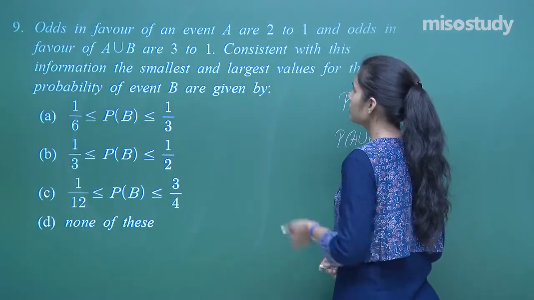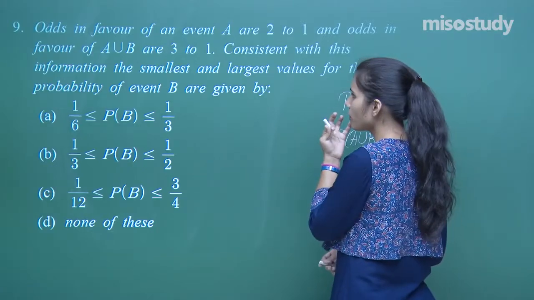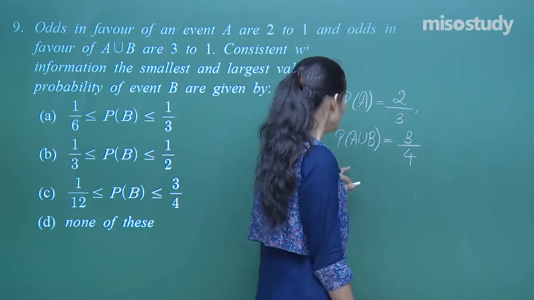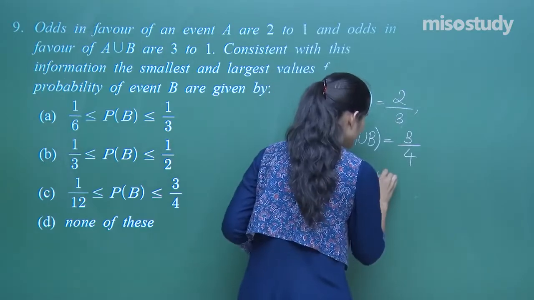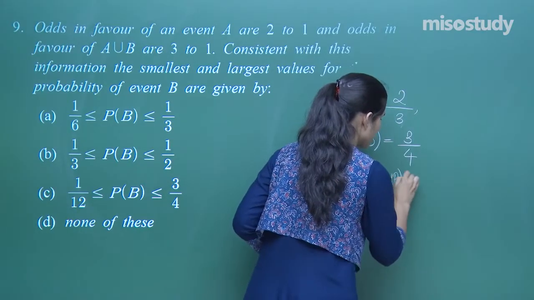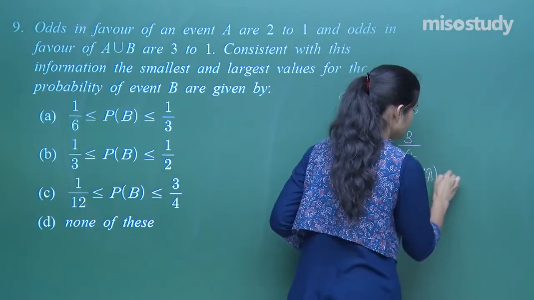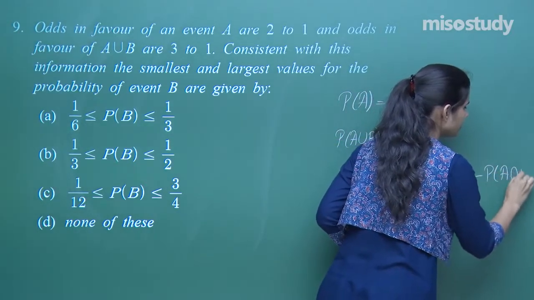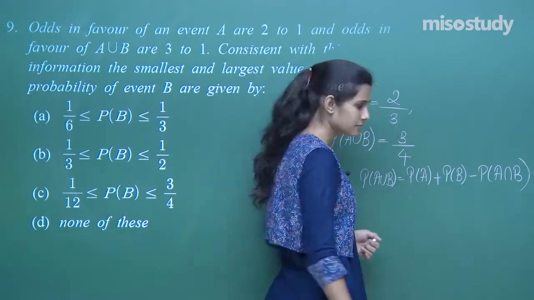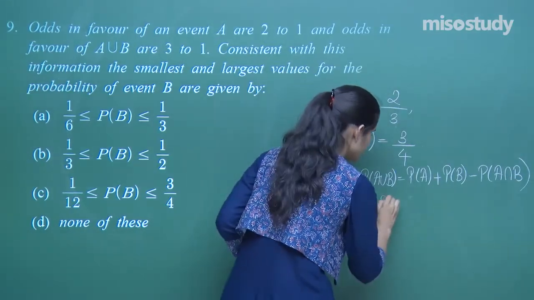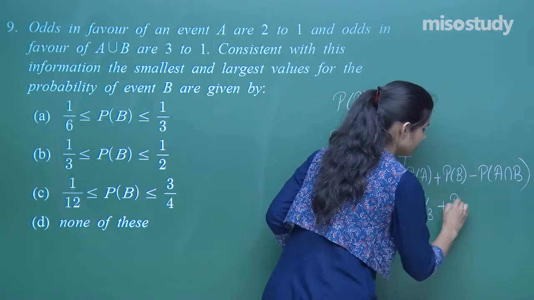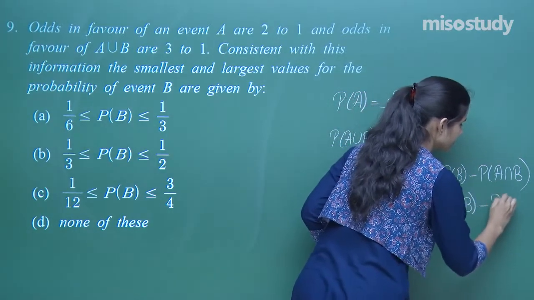Consistent with this information, the smallest and largest values for which the probability of event B are given is what? So let's see, what is probability of A union B? It is probability of A plus probability of B minus probability of A intersection B. Now probability of A union B is 3/4, probability of A is 2/3, rest is this.